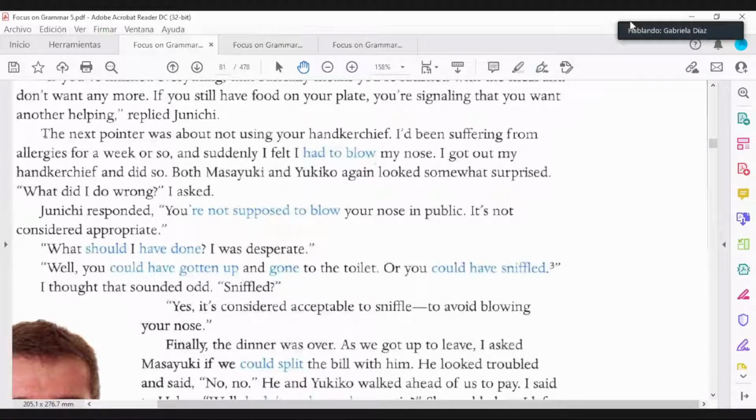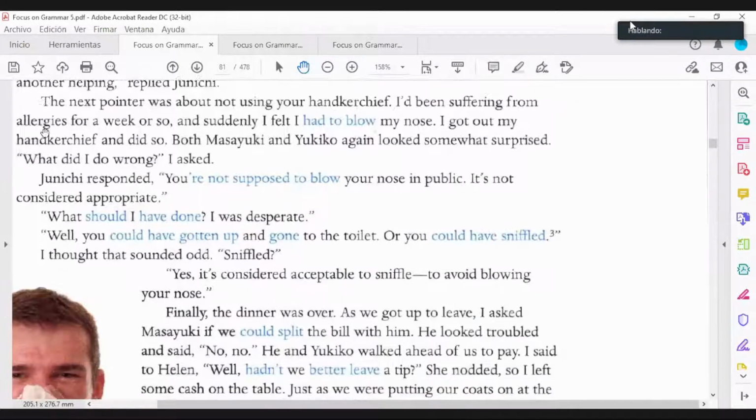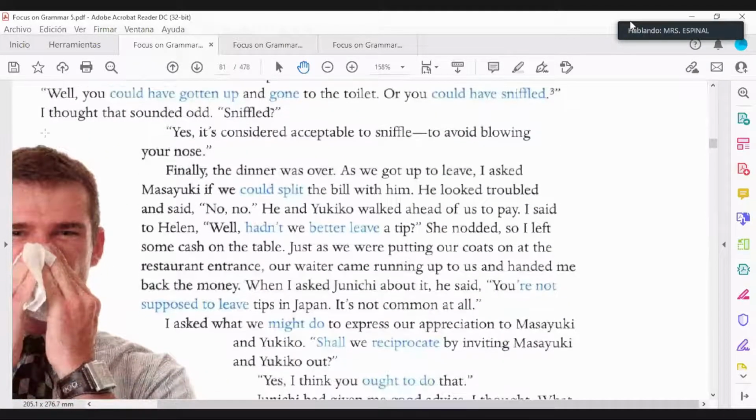Consider it inappropriate. What should I have done? I was desperate. Well, you could have gotten up and gone to the toilet, or you could have sniffled. I thought that sounded odd. Sniffled? Yes, it's considered acceptable to sniffle to avoid blowing your nose. Okay, thank you. Good.